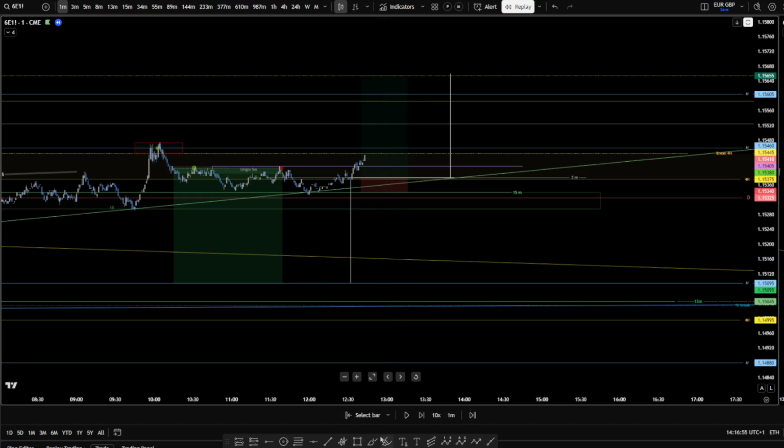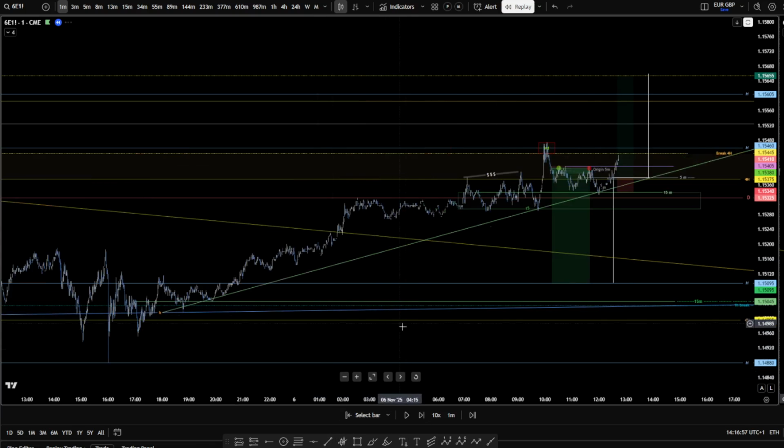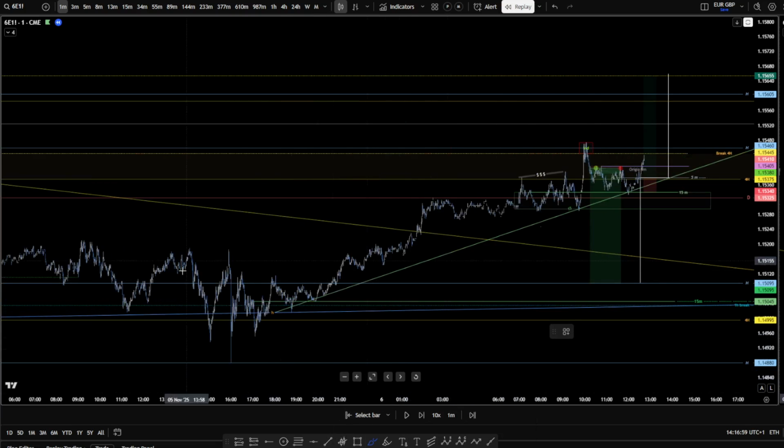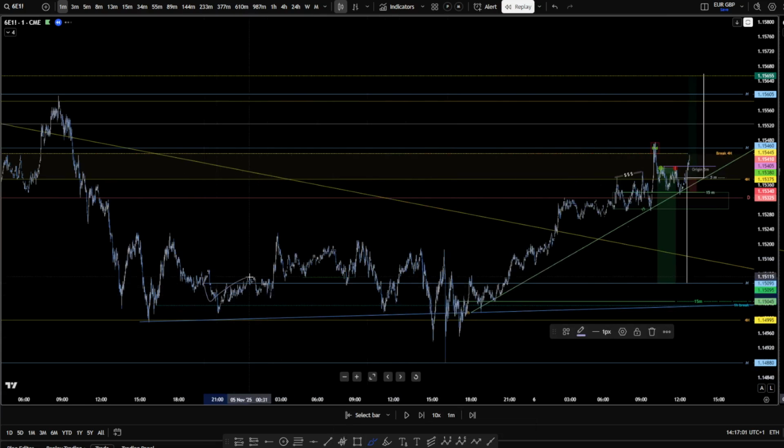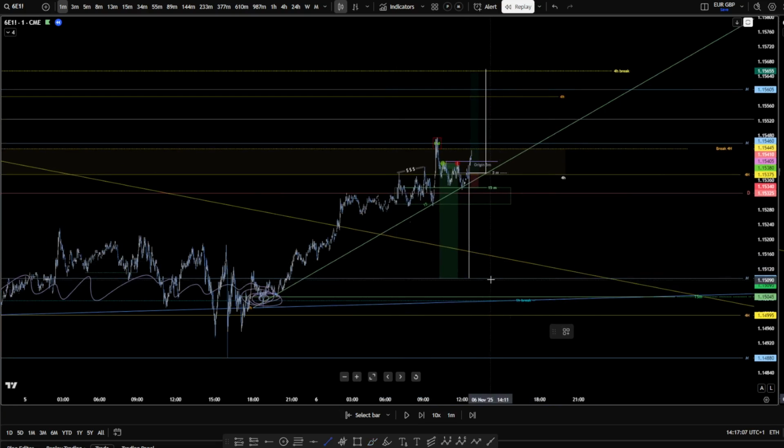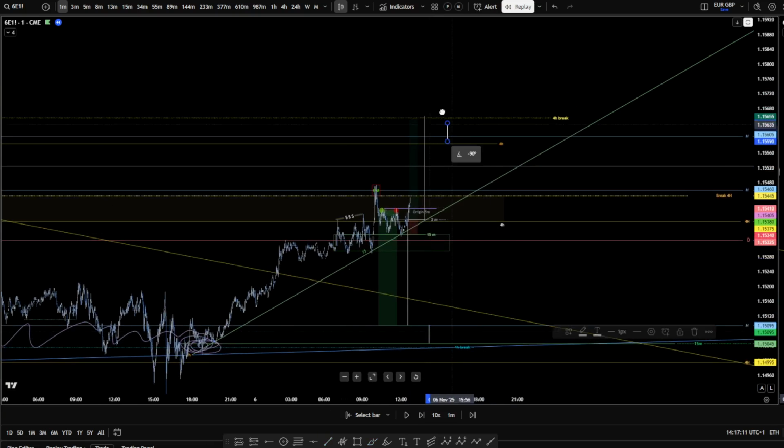And if you dissect this hourly range right here, so this is the hourly range. If you also take into account the 15-minute that it could have went to, like this, you can expand this even further to here.